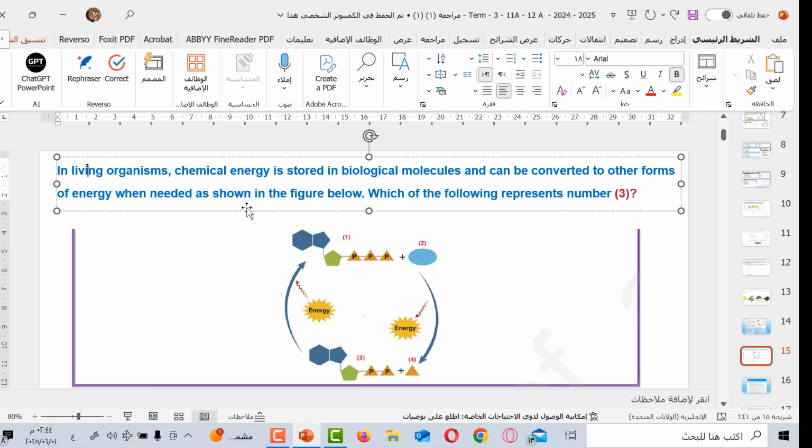Which of the following represents number 3? He asked about number 3.